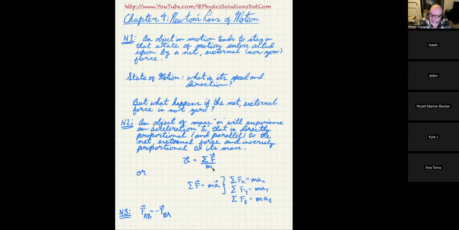If the mass doubled, then the mass in the bottom also doubled, and that meant the 2m on the top and the 2m on the bottom are going to cancel each other out, so you get the exact same acceleration whether the mass is m or 2m, because the 2m on the top cancels with the 2m on the bottom, and if it's 1m, the 1m on the top cancels out with the 1m on the bottom. That's exactly why Galileo discovered that all objects fall at the same rate in free fall.